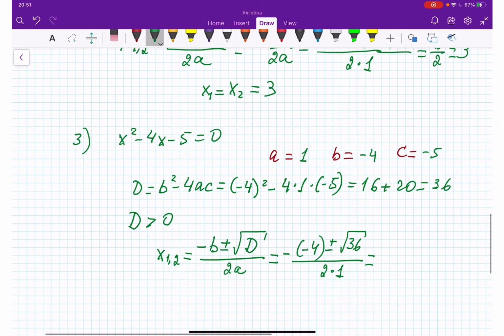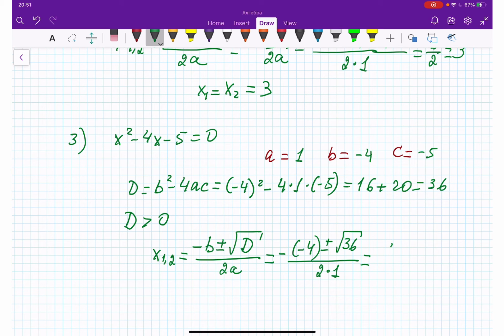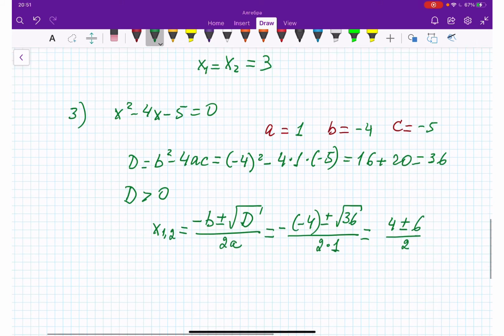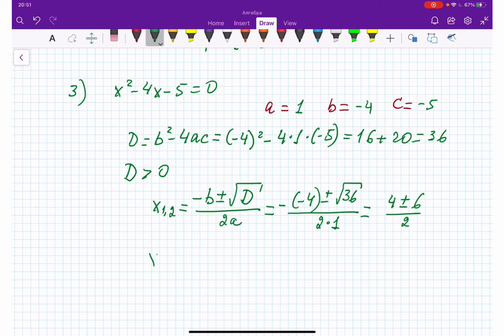From here, we are getting 4 plus or minus 6 divided by 2, which means x1 is equal to 4 plus 6 divided by 2, which is 5, and x2 is equal to 4 minus 6 divided by 2, which is negative 1.